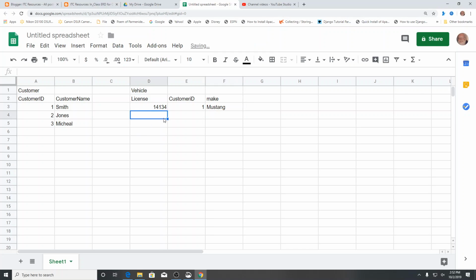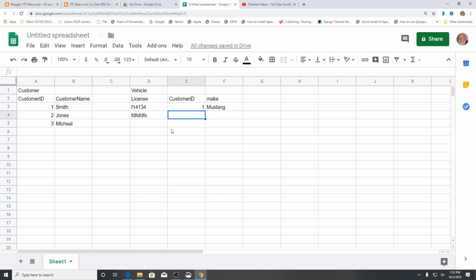All right, and then I'm going to do another license, and I should probably put a number or a letter in front of that just so it aligns. No. A primary key can have letters in it too. It can. It doesn't have to be a number.